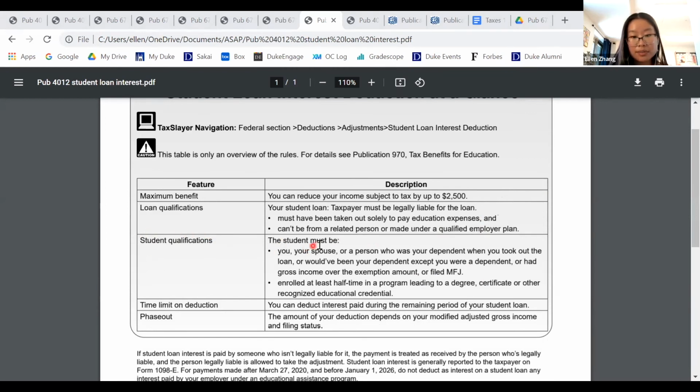The student must be a person: you, your spouse, or a person who was your dependent when the loan was taken out. Okay, so Emma is the dependent of Alice and John, so Emma still qualifies for this deduction.